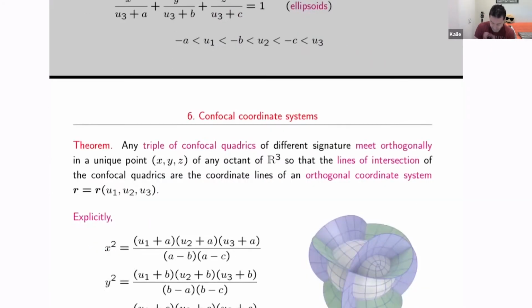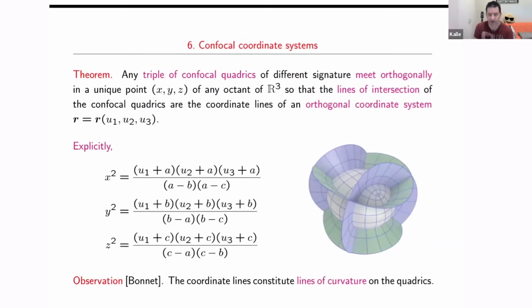So here's a picture. As you can see, we have an ellipsoid here. Then we have a one-sheeted hyperboloid. Here we have a two-sheeted hyperboloid. And there are lots of nice properties of those confocal quadrics.